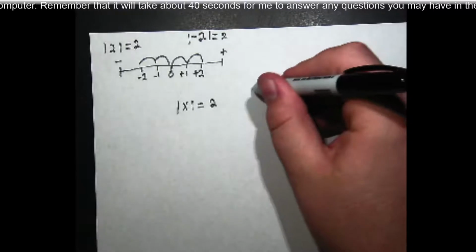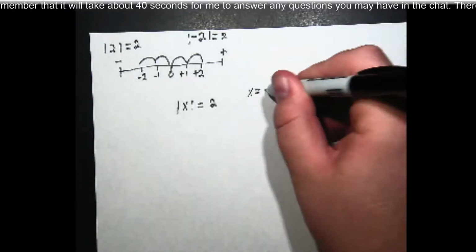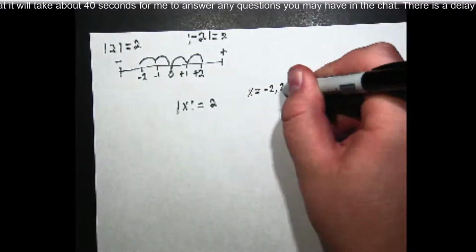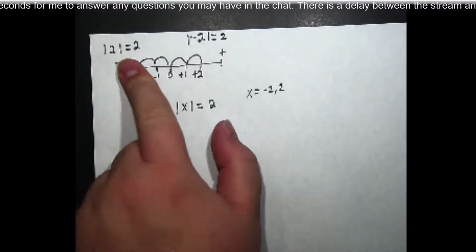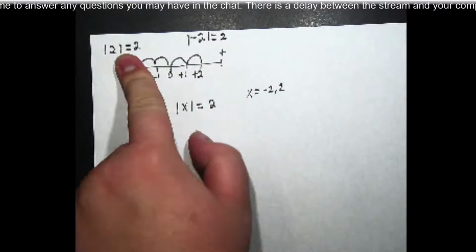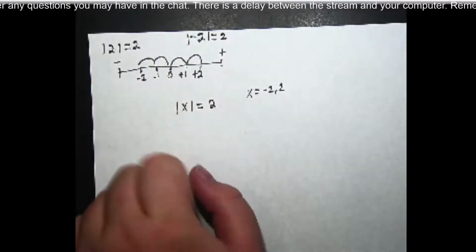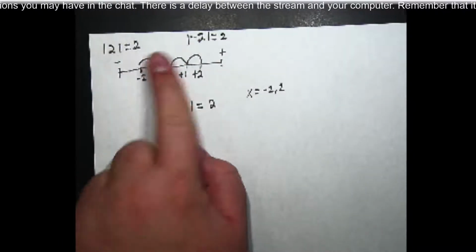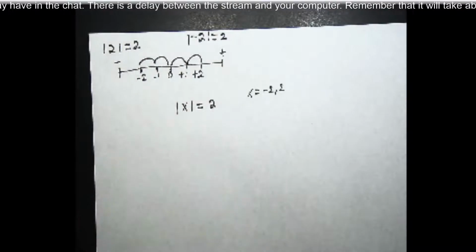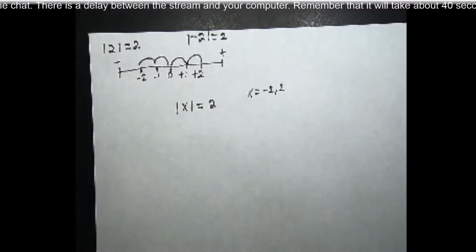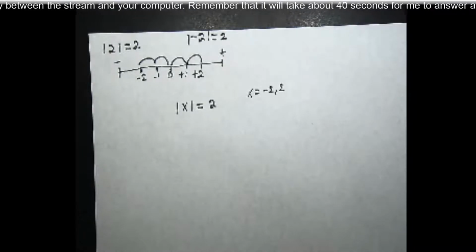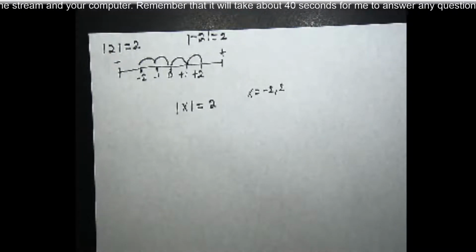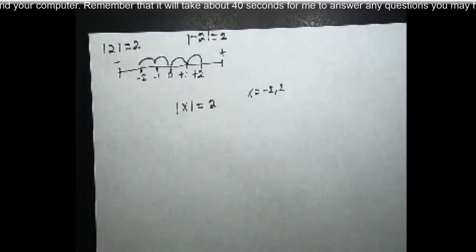Good. So the reason we say that is because there's two ways that we could possibly get a 2 out of an absolute value. Either that 2 could be positive or it could be negative. So the absolute value of x equals 2, x has to be either positive 2 or negative 2. Excellent.